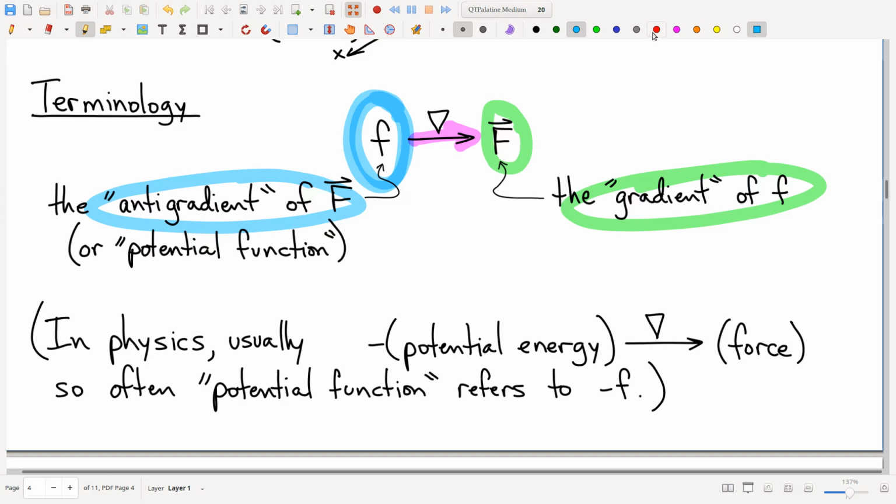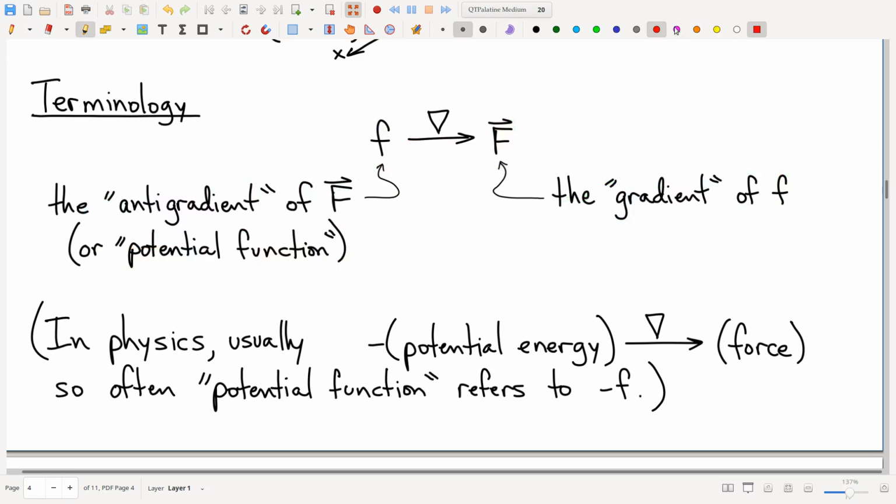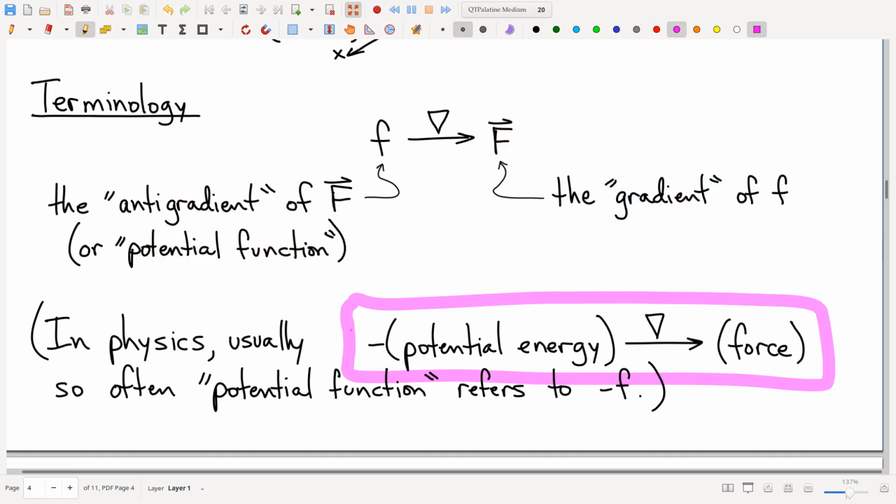I think this is a very common, very natural terminology. Here's just a heads up, cultural point, as much as I wish it weren't the case: it is actually more common in practice for this to be called the potential function, which does not leap off the page as a natural choice, right? They call it the potential function. Now, why do they call it the potential function? Well, here is a common physical scenario, such as gravity.